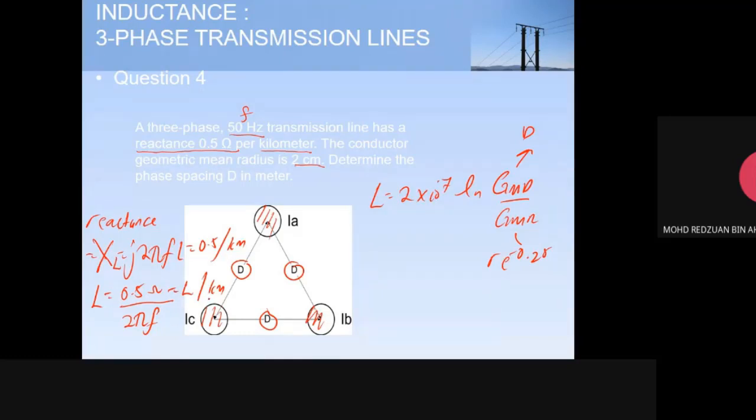So when you get L per kilometer, you have to get L per 1 meter, so that you can compare this L per meter to this equation, because this L is in Henry per meter.